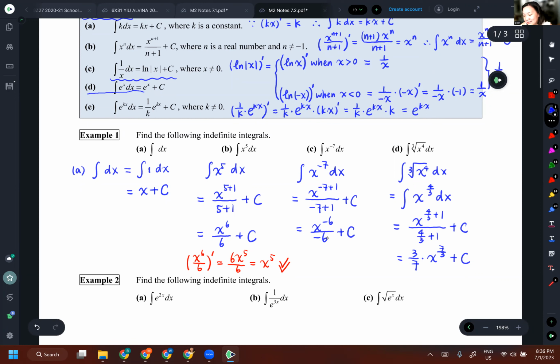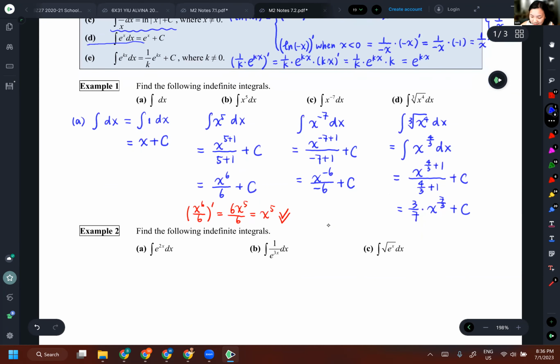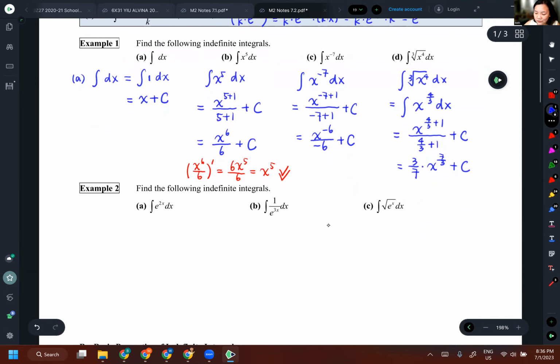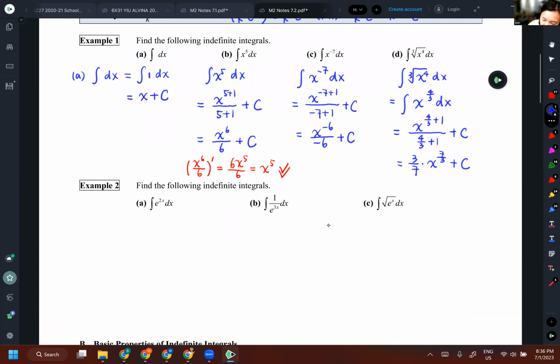Okay, that's example 1. We will do example 2 before we do any exercise. Now, example 2, e^(2x) dx, going to use formula E. So formula E, no integration left.